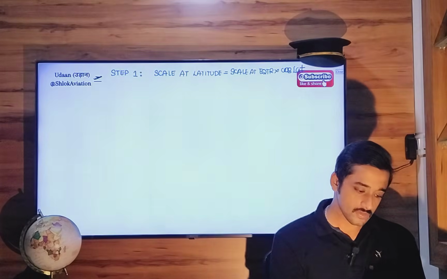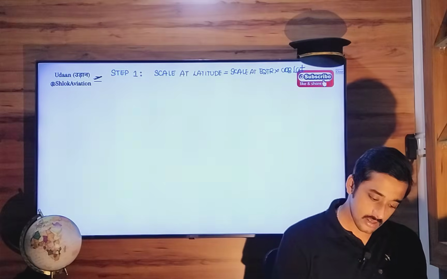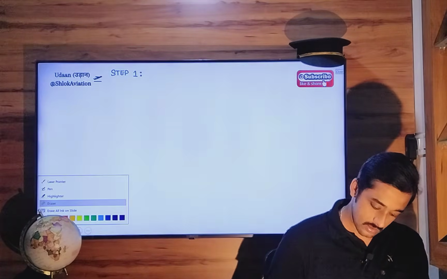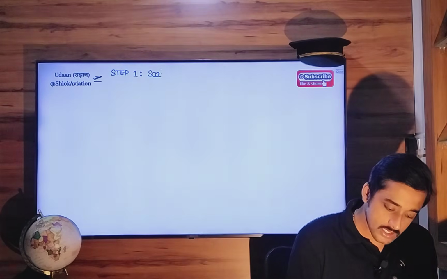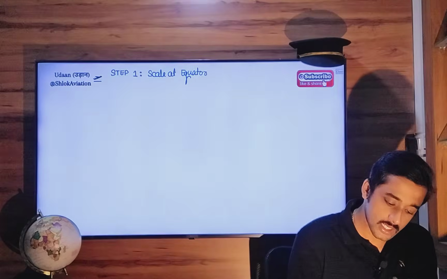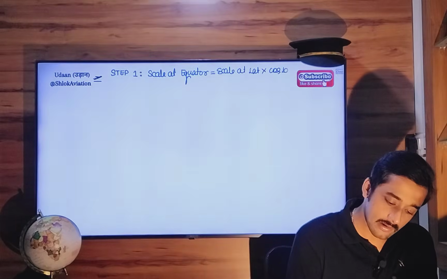Okay, so correction, it is not scale at latitude, it is scale at equator. Scale at equator equals scale at a particular latitude multiplied by cos of that particular latitude.